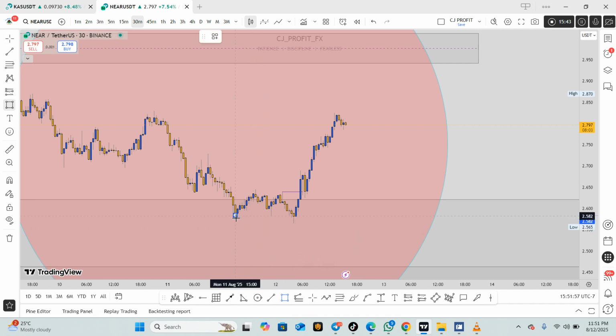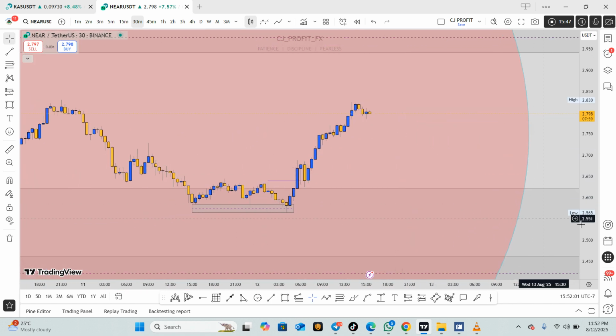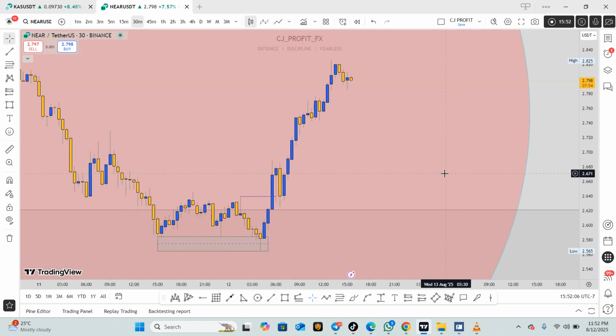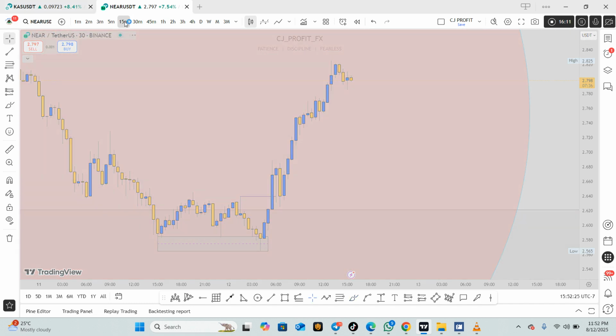After this double bottom, we have change of character here. So for us to encounter this ranging at this spot, something happened. So we're gonna be expecting the market to come and react here, so buy. But before then, let's go to 15 minutes time frame.